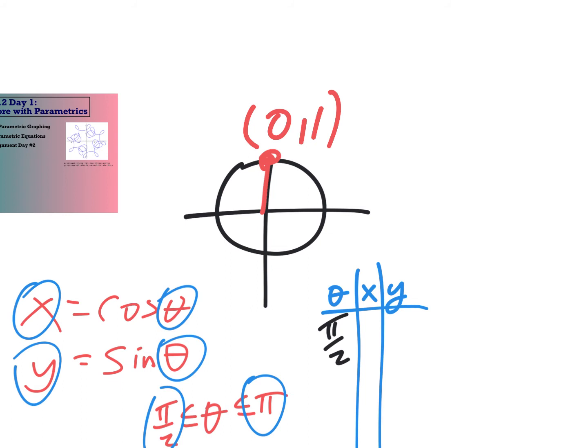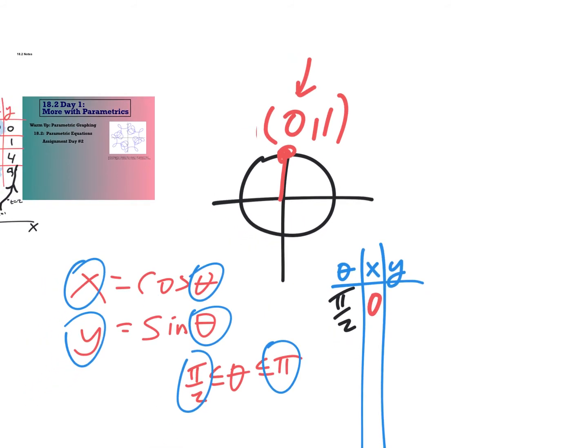How do I get cosine of that then? Cosine's the x, so it's 0. And if I was going to do the y, I would go sine of the same angle, which is kind of handy. Sine is the y, so it's 1. 0, 1. That make sense? Any questions about that? All right.